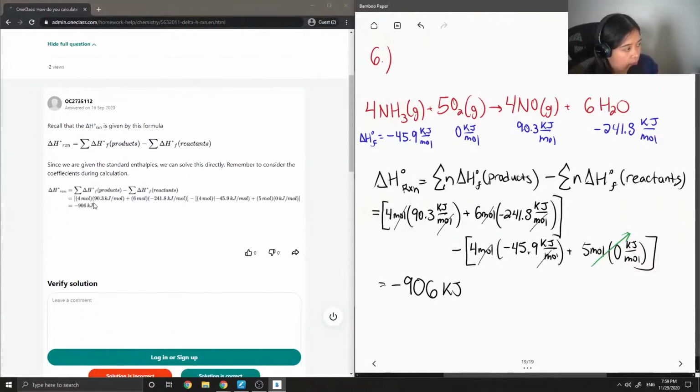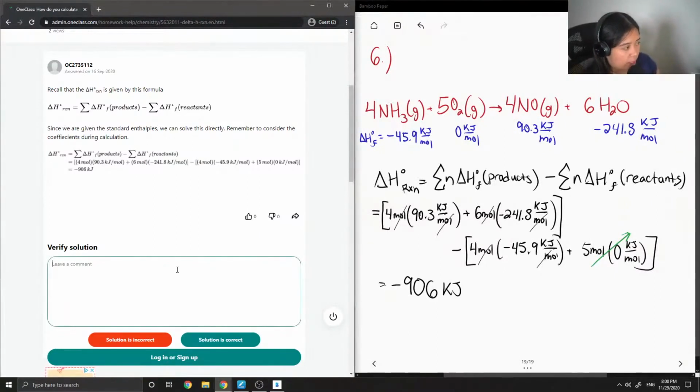So they had the 4 times 90.3 plus 6 times negative 241.8, all of that minus 4 times negative 45.9 plus 5 times 0, and they also got negative 906. So this solution is correct.